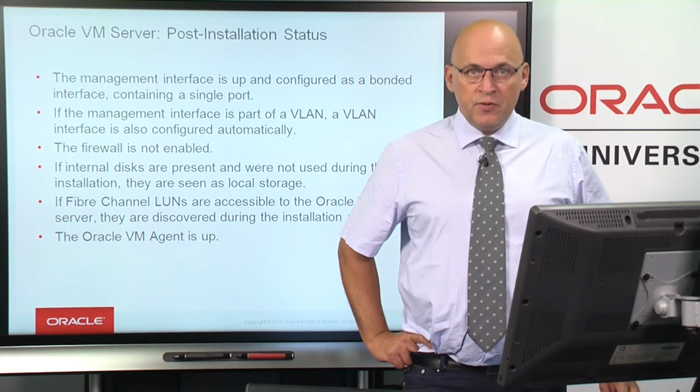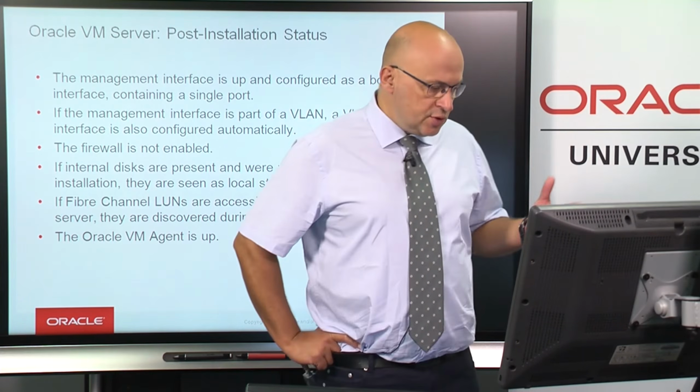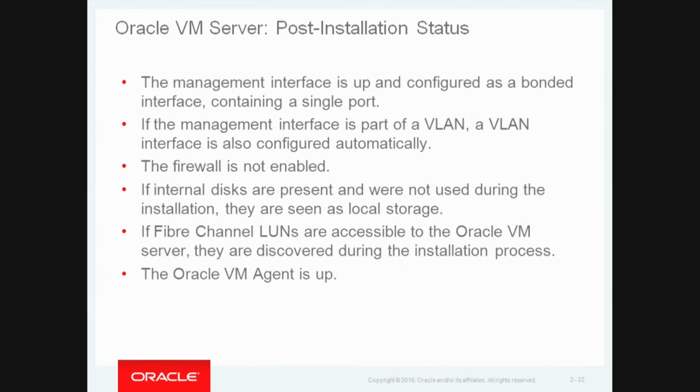Firewalls are not enabled so far, but you can enable them afterwards if you have any kind of security restrictions, by taking care of additional ports. And if you have some additional hard disks, whenever they're presented, they will be seen as additional local storage that will be used to create local repositories.